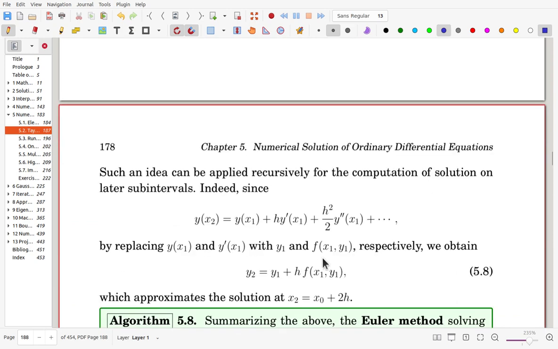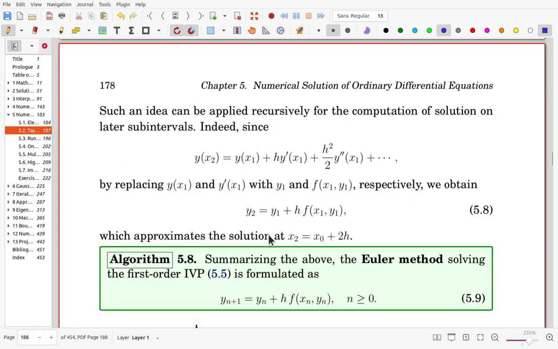Now, for later steps, we can apply this idea recursively. For example, y at x2 is expanded by Taylor series, and here we replace y at x1 and y prime at x1 with y sub 1 and f of x1, y1.